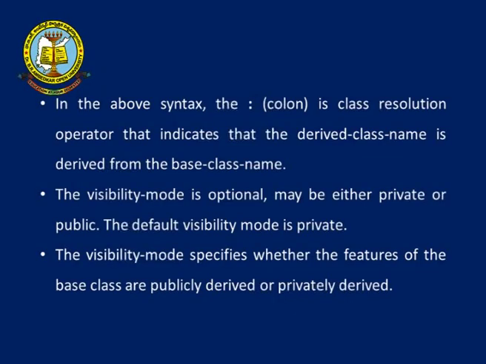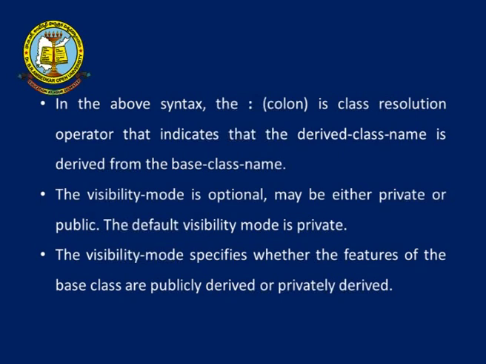This visibility mode determines whether the members of the base class should be inherited into this derived class or not. If we have a public derivation, that means we are creating the new class using the visibility mode public, then the base class members will become public members in the derived class. That is the public visibility.